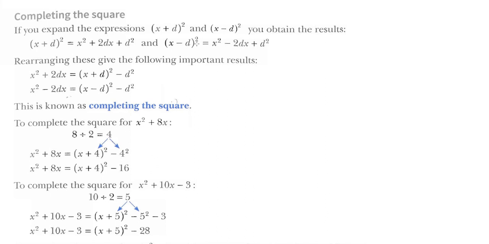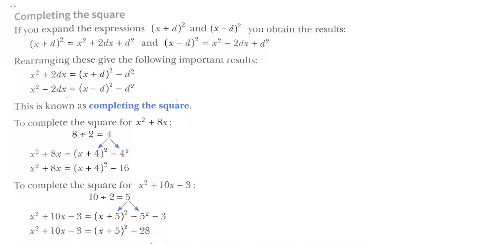And x minus d whole square, by using a minus b whole square formula, is x square minus 2dx plus d square. So these two formulae are not new for you. The next line: rearranging these gives the following important results.